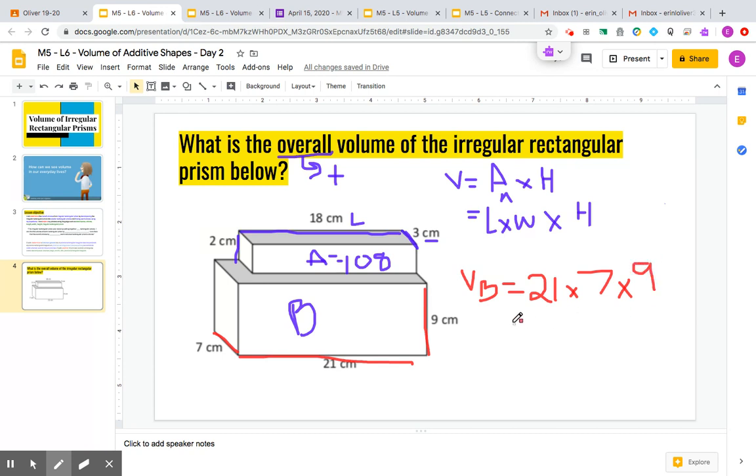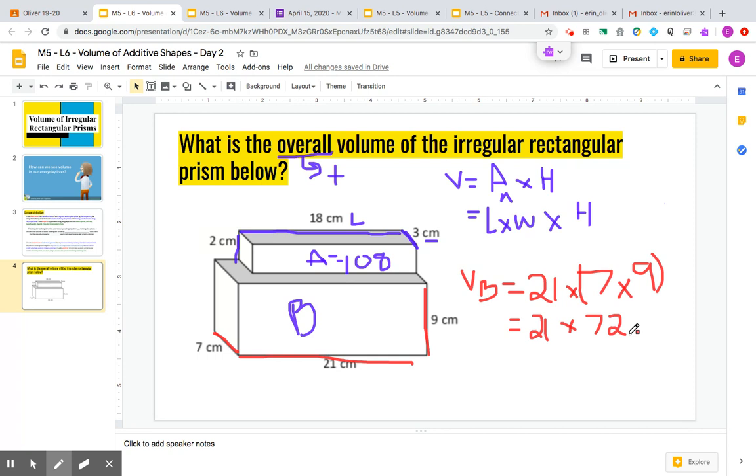Now this is a trickier problem. The numbers are not quite as nice. So I'm going to do 21, and I'm going to multiply my width and my height together, because 7 times 9 is 72. Okay. But now we have to multiply by 21.